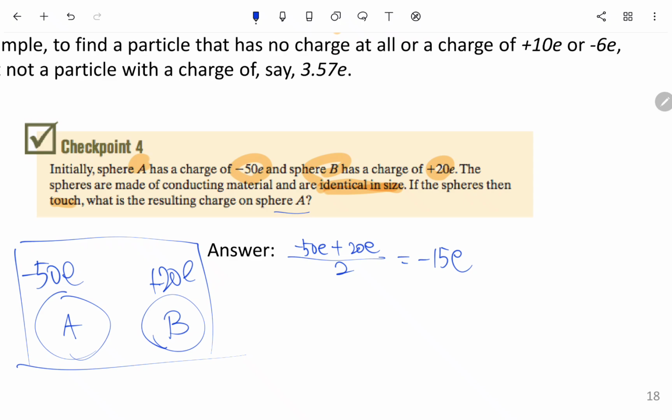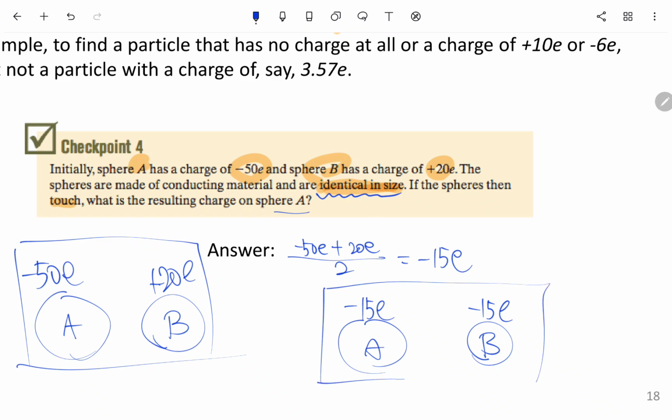Okay, so the final situation will be like we have sphere A and sphere B, with negative 15e here, and then negative 15e also on sphere B. Okay, so that's why I mentioned that identical in size is important, because it tells you that after touching, these two spheres should share the same charge amount.